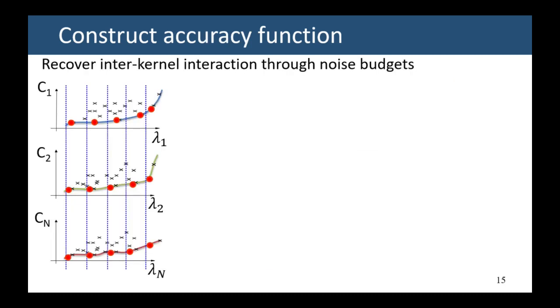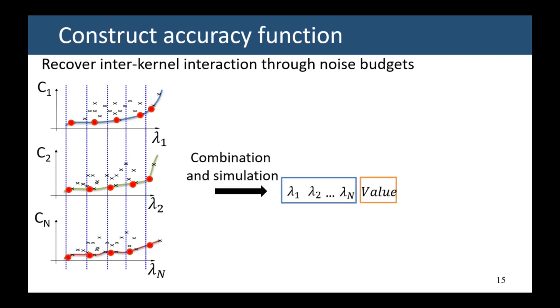So, to construct the accuracy function, the objective is to express the inter-kernel interaction through the noise budget. To recover the missing interaction between the kernels in terms of accuracy impact, we select a subset of the data points in the cost function of each kernel. Then we combine all the data to obtain pair data, where one part represents the different values of the noise budget and the other the accuracies of the application output.